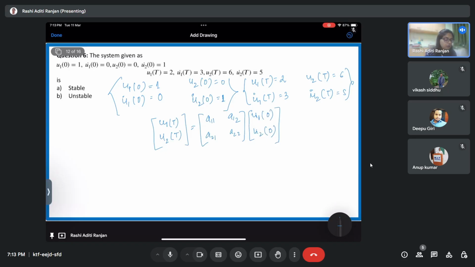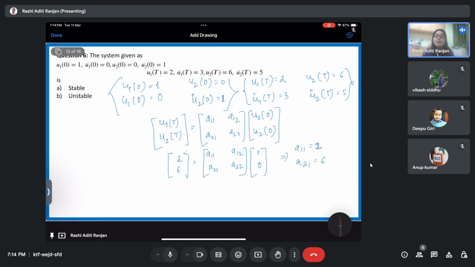So I'll just put in the values and see what I get. I have U1 of 0 as 1 and U2 of 0 as 0, and we have these values also: U1 at t is 2, U2 at t is 6. Now this is very easy because from this we get to know that A11 is equal to 2 and A21 is equal to 6.